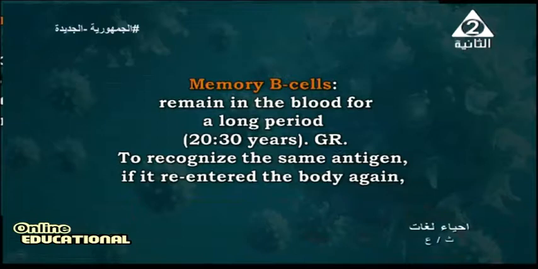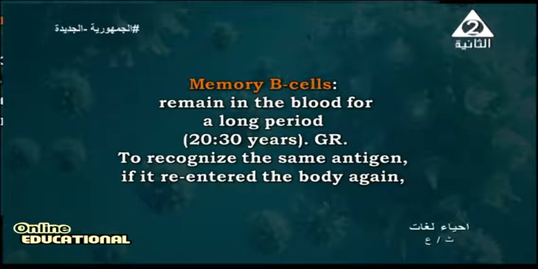Memory B cells remain in the blood for a long period of time, 20 to 30 years. This is to recognize the same antigen if it re-enters the body. Re-entered means it becomes again, penetrating the human body.